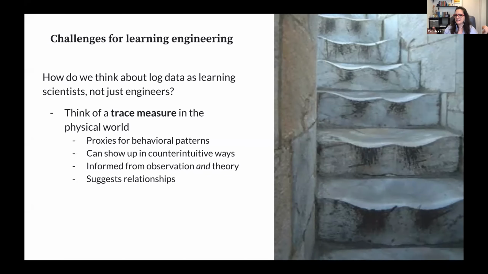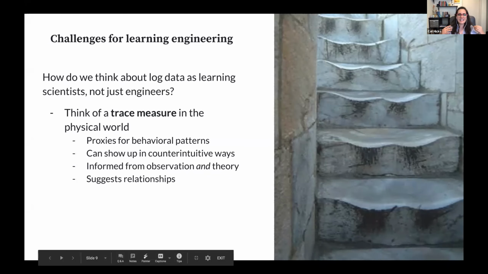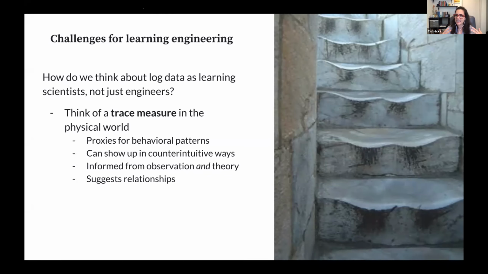There's the predictable way that the steps have been worn down. And I like this example because I think it helps to think about how we observe proxies for behavioral patterns in the kind of data we're looking at. It's not just interesting because of engineering constraint insights, like do we need to reinforce the steps in this way, but insight into what people might need.